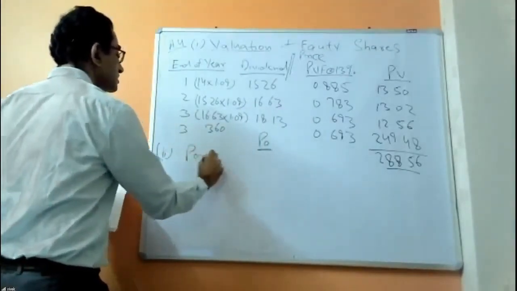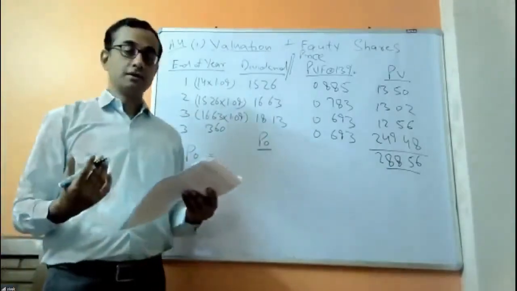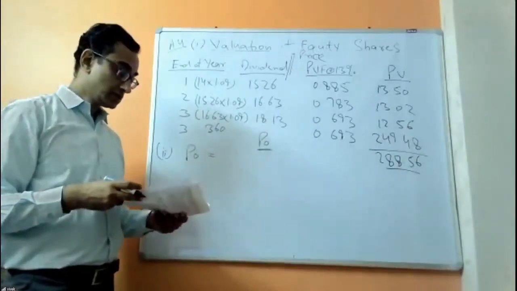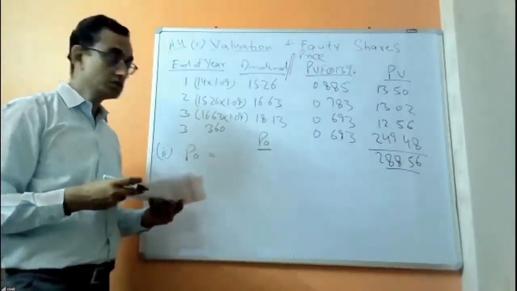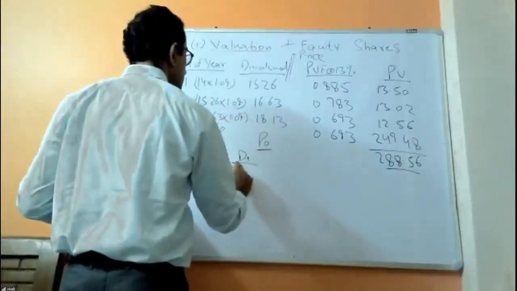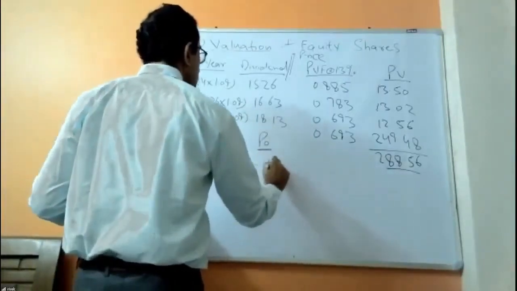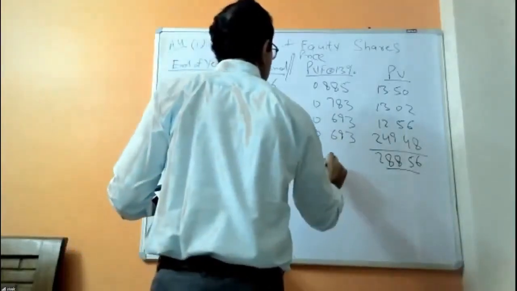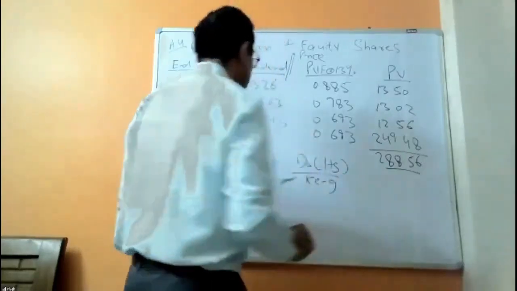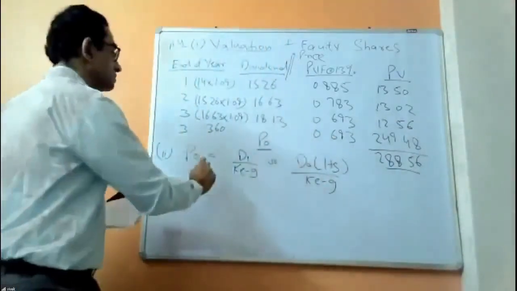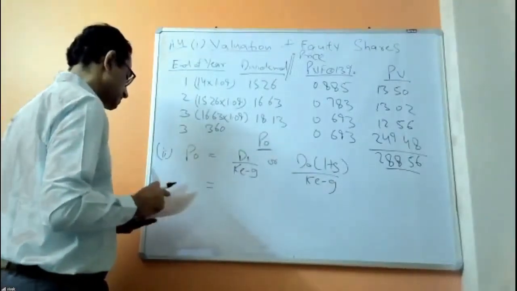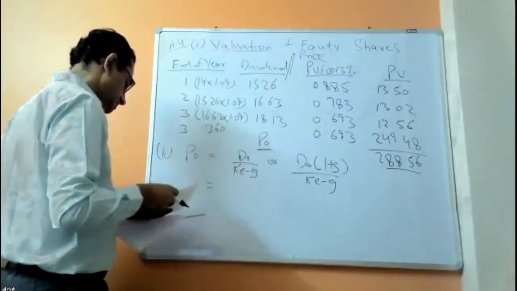So in this case, since it is assumed that the 9% growth rate will be achieved till infinity, this particular formula, that is D1 upon K minus G, or D0 into 1 plus G upon K minus G formula, can be safely used. Now, what is the current dividend?